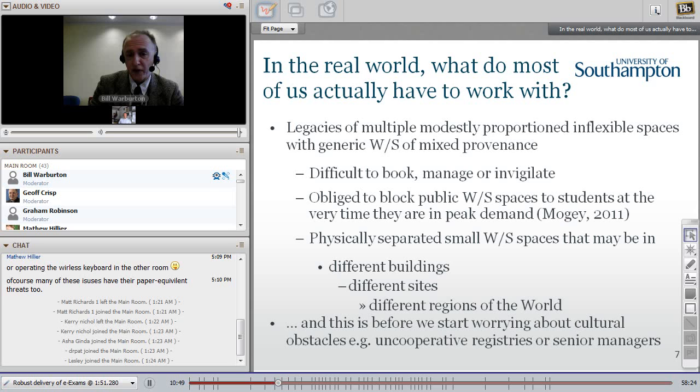Physically separated small workstation spaces, really. They tend to be in different buildings, they may be on different sites, different campuses, they may even be in different parts of the world these days with increasing globalization of the higher education sector. And this is before we start worrying about the important cultural obstacles such as uncooperative registries or senior managers who don't get it or aren't prepared to take the risks.